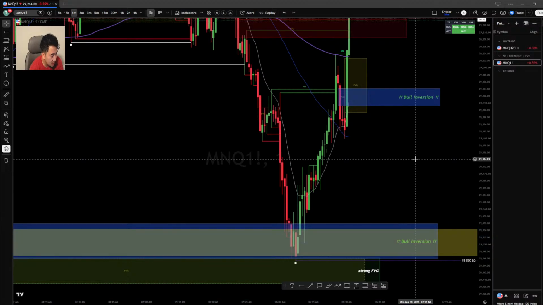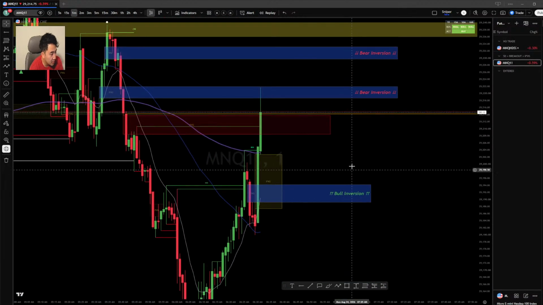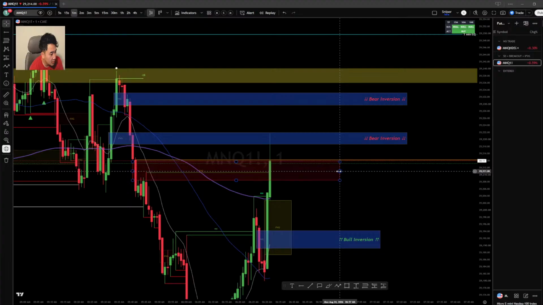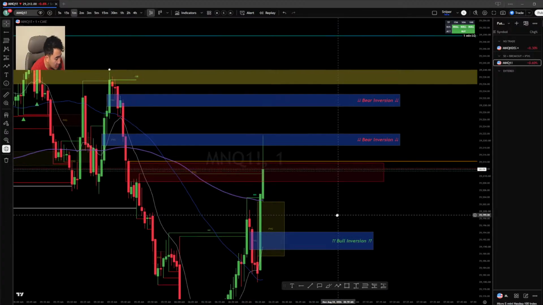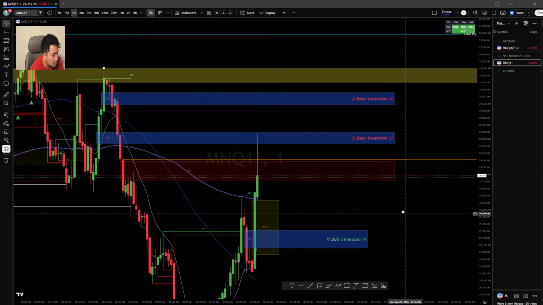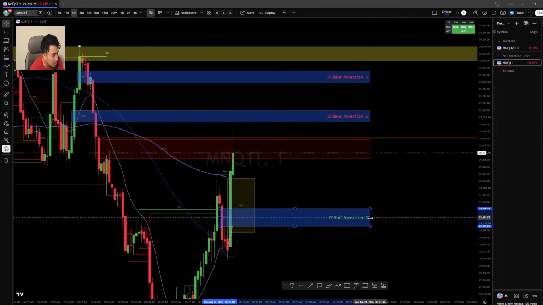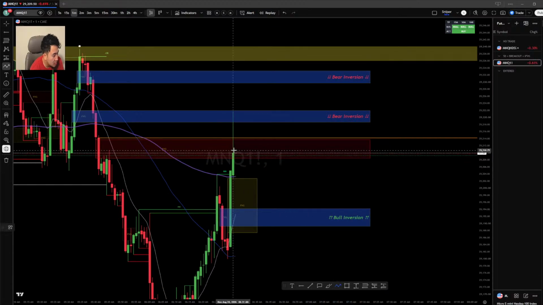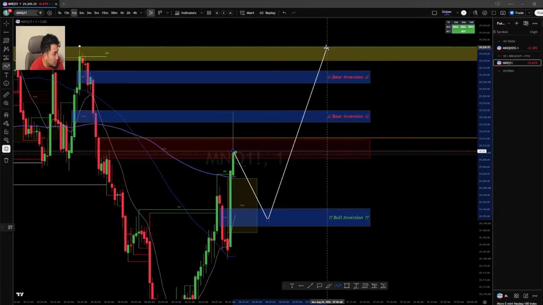So price respected this bullish inversion down here. This one, bearish FVG. Let's see if it inverts this. It doesn't look like it. There's still pressure here, so look for something like this.